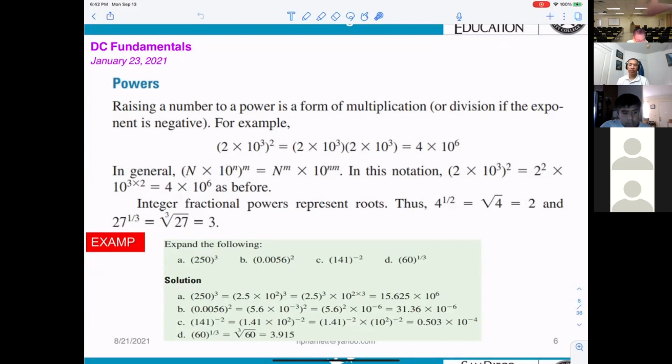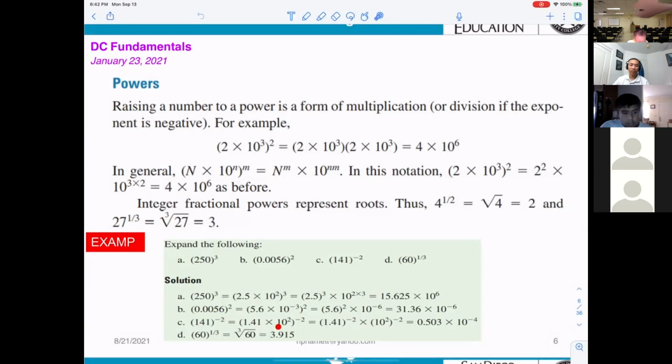What I did was, when I multiply, because the power of 2 means 141 times 141, or am I understanding that incorrectly, that it equals 0.503? Okay, 141 times 141, right?